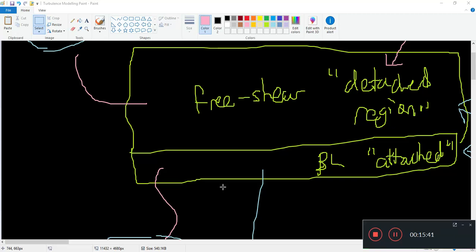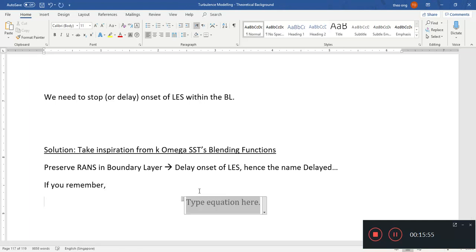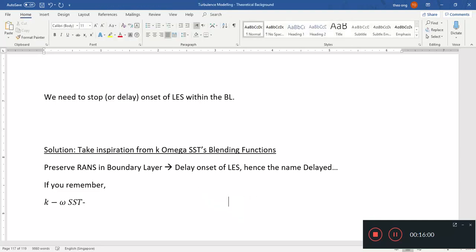Now the way this K omega SST model does the switch is with the use of some blending functions. If you remember, K omega SST uses a blending function, or several blending functions in fact, F1 and F2. If not, you can go and see my previous videos on K omega SST.